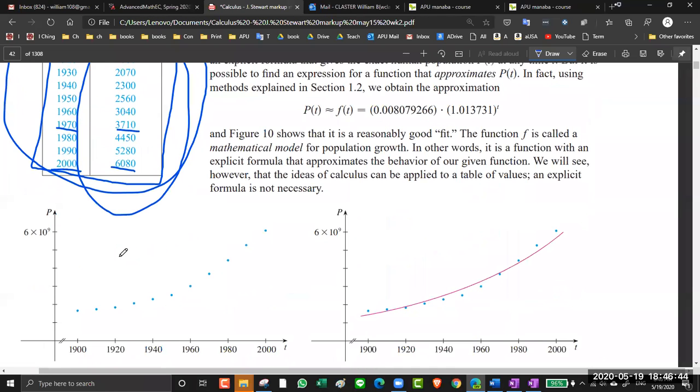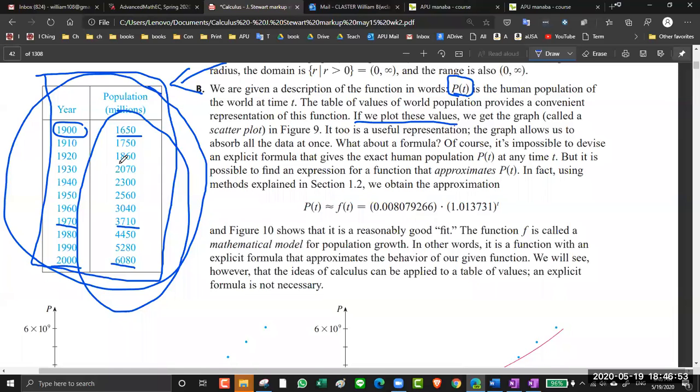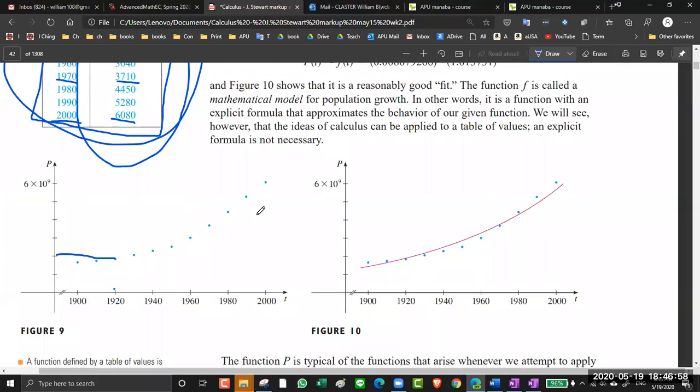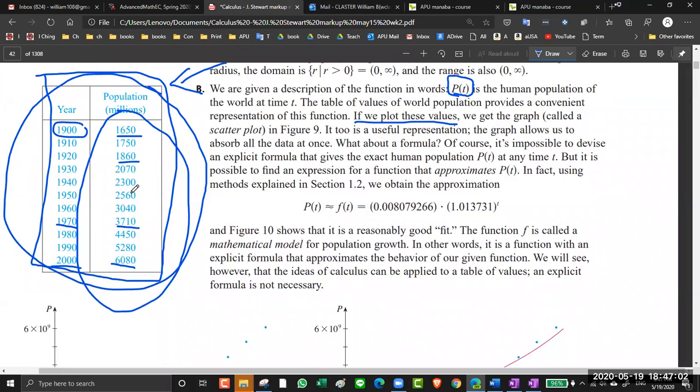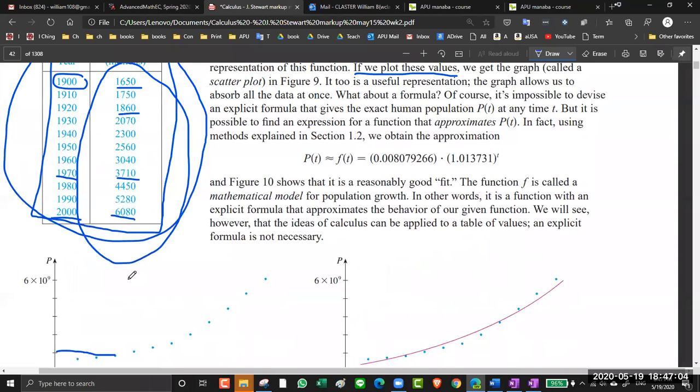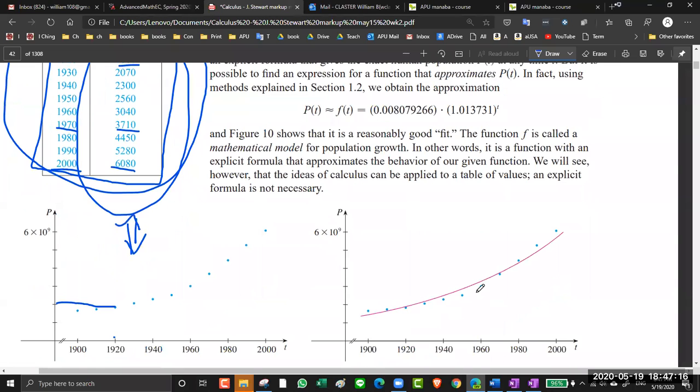In other words, if you want to know 1920, you get this height. And if you could read this off, you would see that 1920 is 1860. So this scatter plot gives us exactly the same information that this does. So either one of these will represent the function. Okay, any questions about that? Now, what is this picture here?